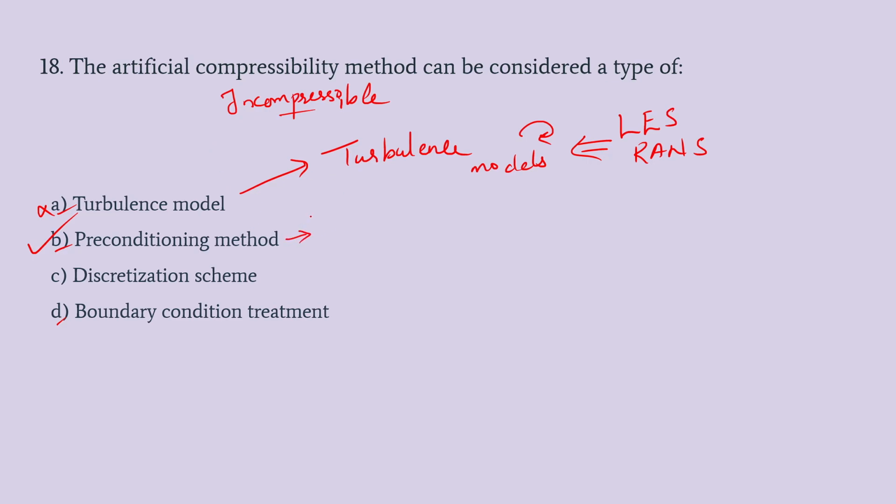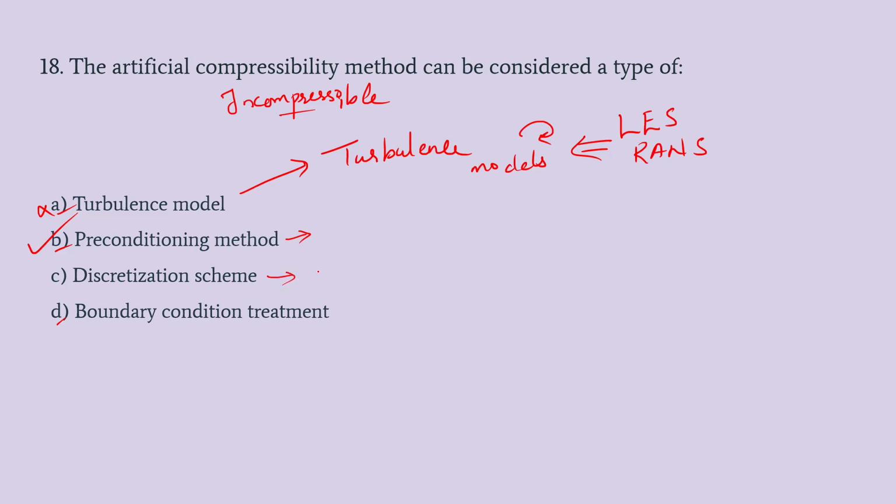We are adding the artificial compressibility term, the pseudo density term, that we are introducing in the continuity equation. So it is a preconditioning. Before solving the momentum equation, we are introducing it in the continuity equation itself. So it's a preconditioning method. Option C is discretization schemes.